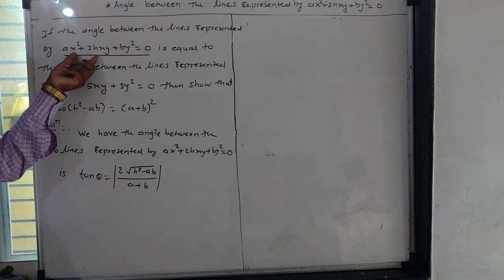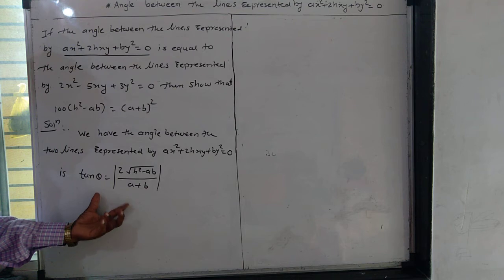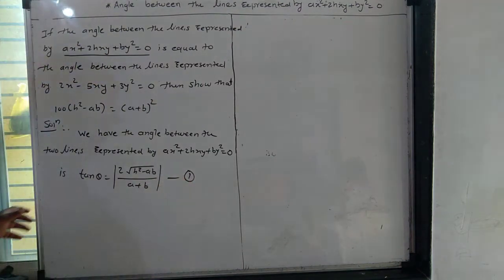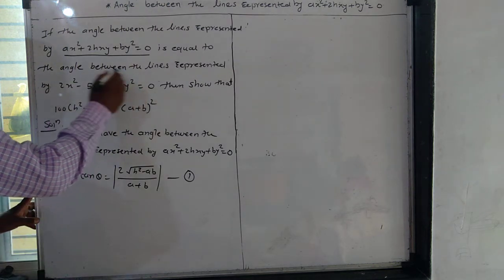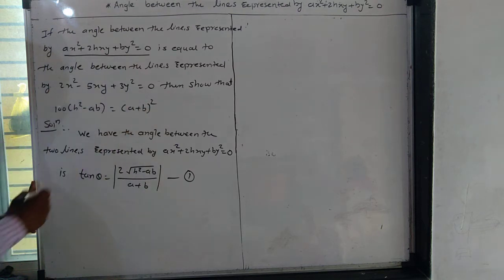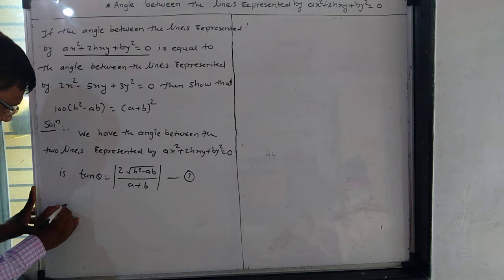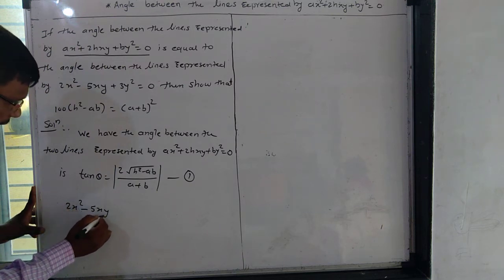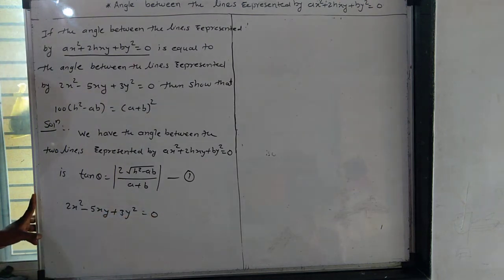This is the angle tan θ between the two lines represented by this equation. So this is equation number 1. Now we have to find the angle between the two lines represented by 2x² − 5xy + 3y² = 0.